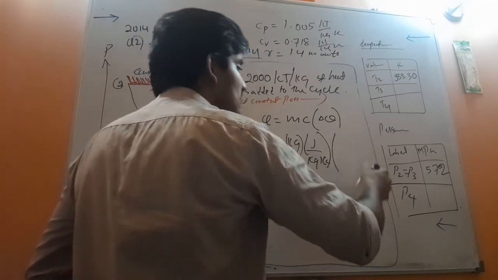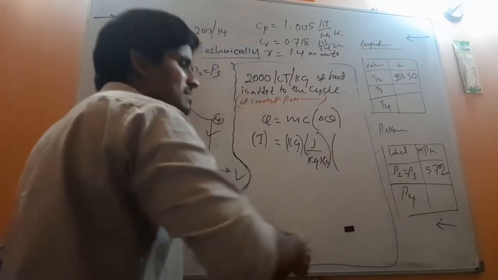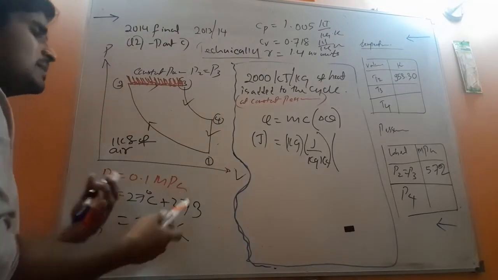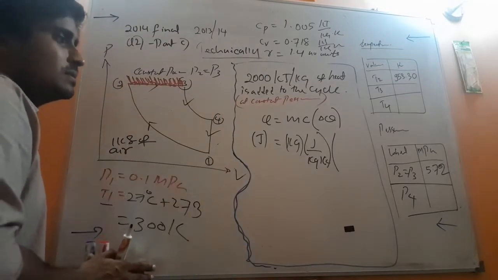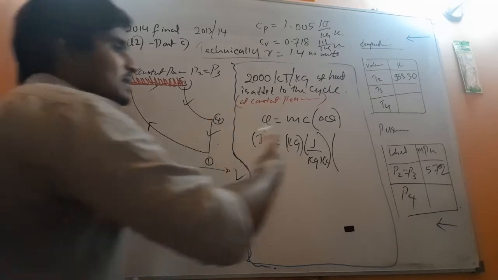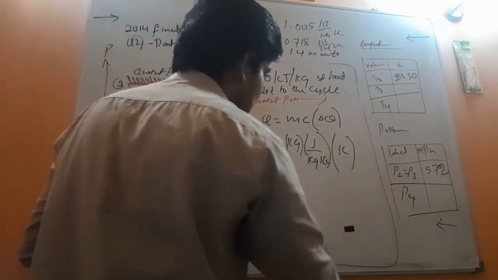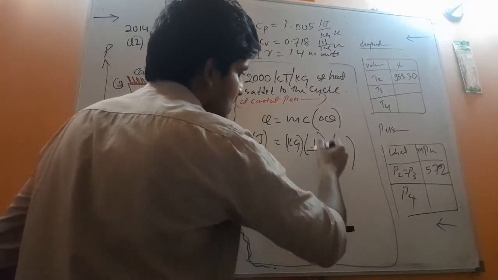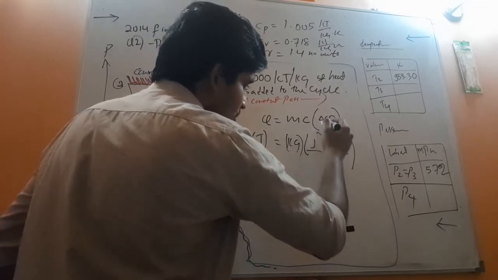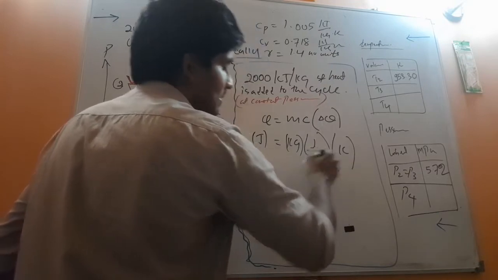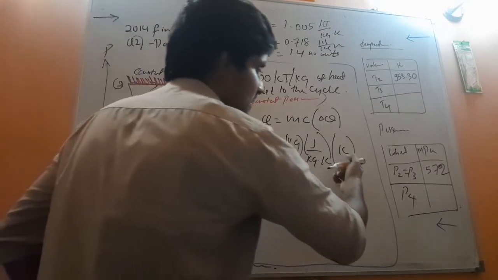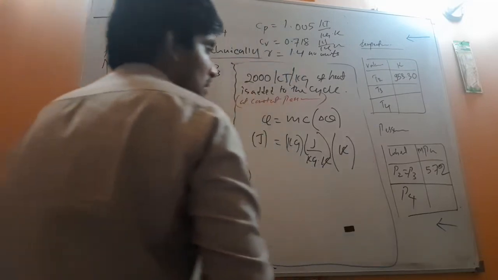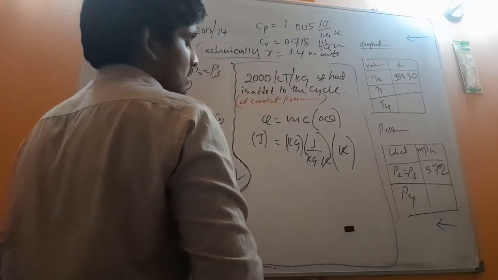The temperature difference should come in Kelvin if it is Kelvin temperature, or Celsius if it is Celsius. Anyhow, the difference will also come in the same unit. Let's say Kelvin. So here the unit of the c value is joules per kilogram per Kelvin, and the temperature difference will come in Kelvin. So Kelvin to Kelvin will cancel, right?